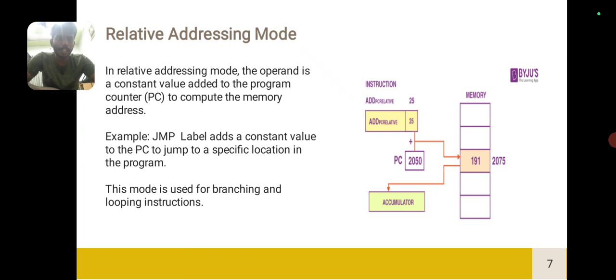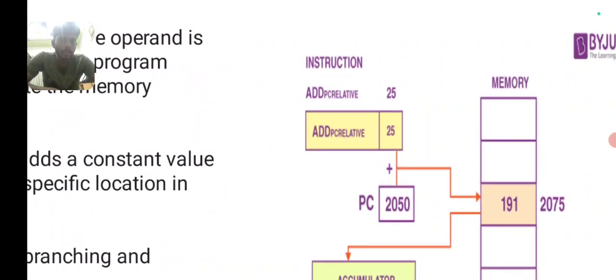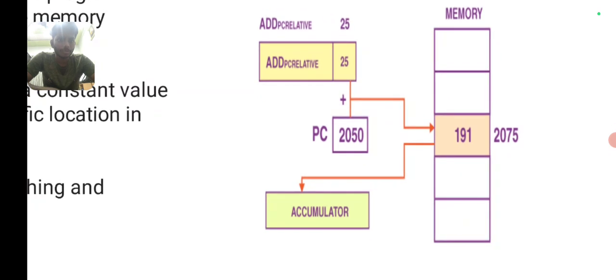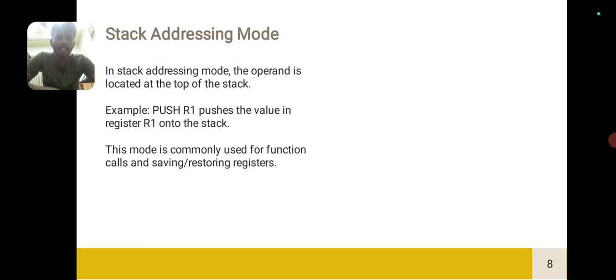Here is a loop instruction, add PC relative. Memory is given here. Here 191 is stored in the memory where the add PC relative and accumulator both combine and are connected to the memory location 2075.